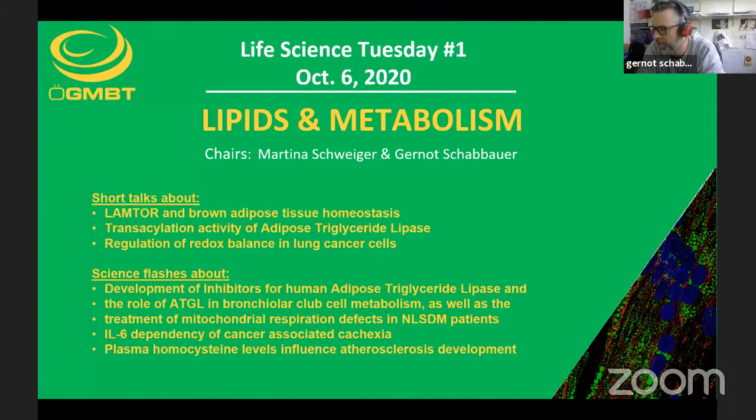Then we have a couple of innovative, creative science flashes by young scientists from Graz and Maastricht about the inhibition of adipose triglyceride lipase and the role of ATGL in BCM, as well as the treatment of patients suffering from mitochondrial defects in neutral lipid storage disease. And then we will hear new aspects on the development of cancer-associated cachexia and how homocysteine levels affect atherosclerosis development.